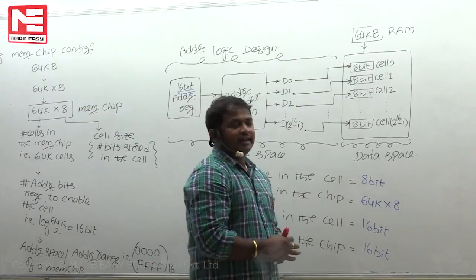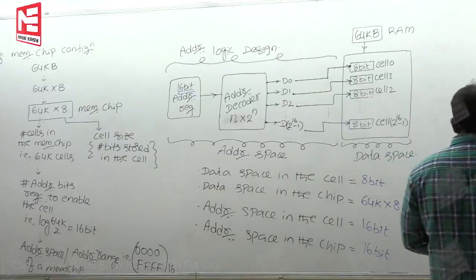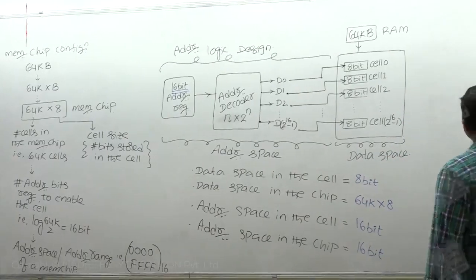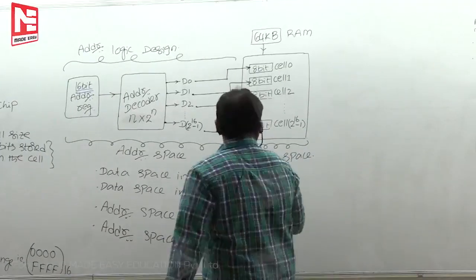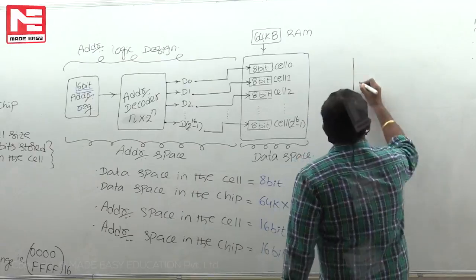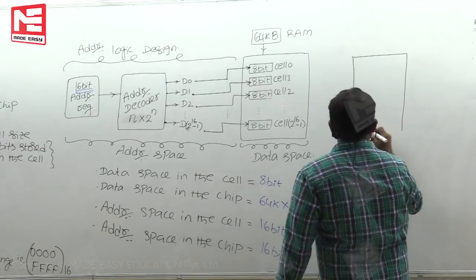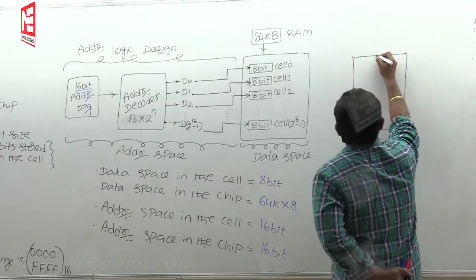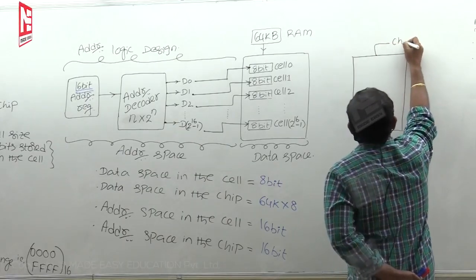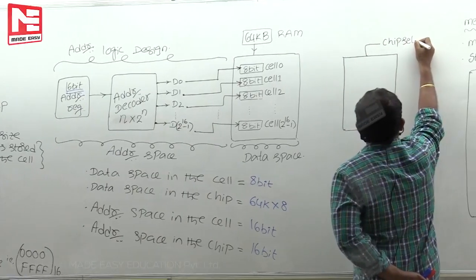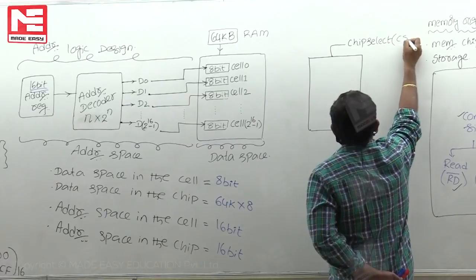Okay. So finally, when we close the memory body, it is looking like this. When we close the memory body, that is the memory chip IC, like this. Chip select, CS.